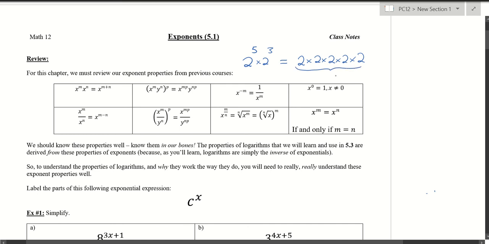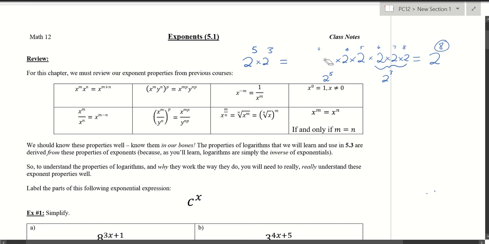Well, that's just going to be 2 times 2 times 2 times 2 times 2, which is 2 to the power of 5, times 2 times 2 times 2, which is 2 to the power of 3. How many times does 2 appear in this string of repeated multiplication? It appears 8 times: 1, 2, 3, 4, 5, 6, 7, 8. So we have 2 to the power of 8.